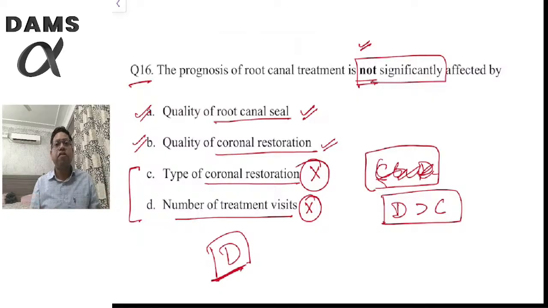So, strictly speaking, the type of coronal restoration does have some influence on the outcome of treatment, and the least influence is by the number of treatment visits. So option D is the preferred answer over here.